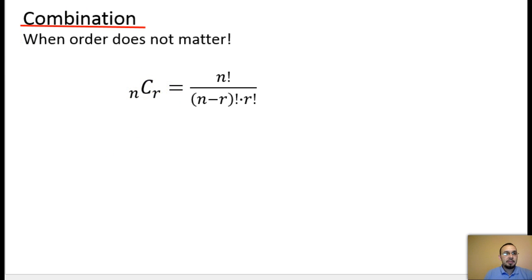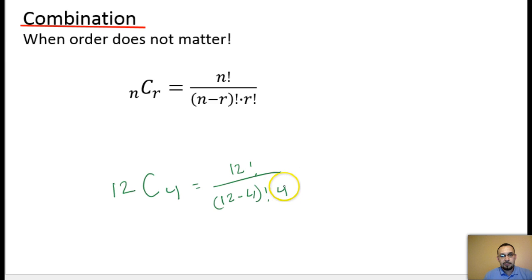Thinking about our baseball cards, if I had 12 cards in my packet, how many did I choose at a time? I would choose 4 at a time. We plug this into our formula: 12 factorial over 12 minus 4 factorial times 4 factorial. Notice that we're adding this extra r factorial to our denominator.